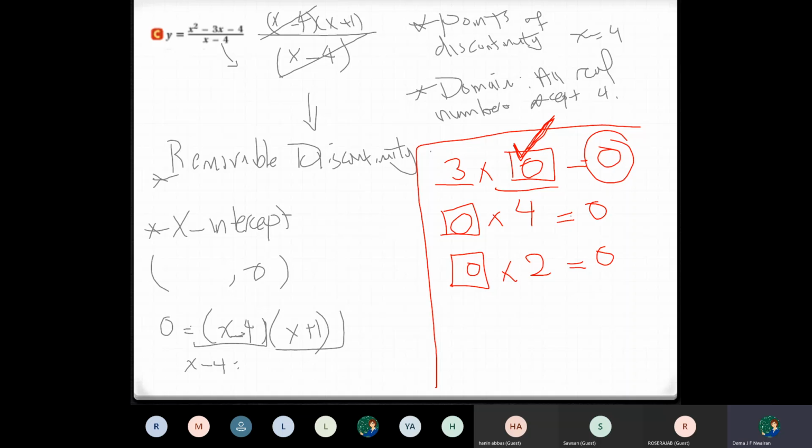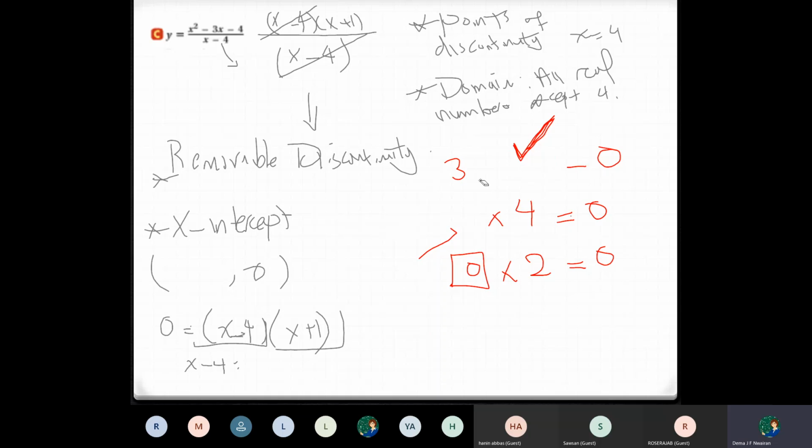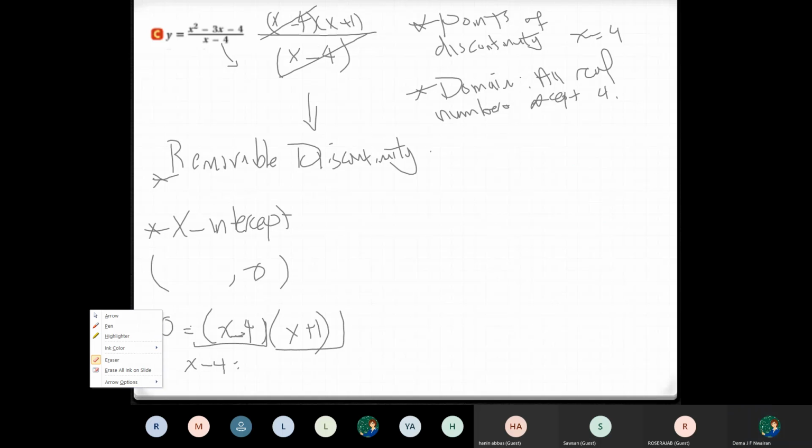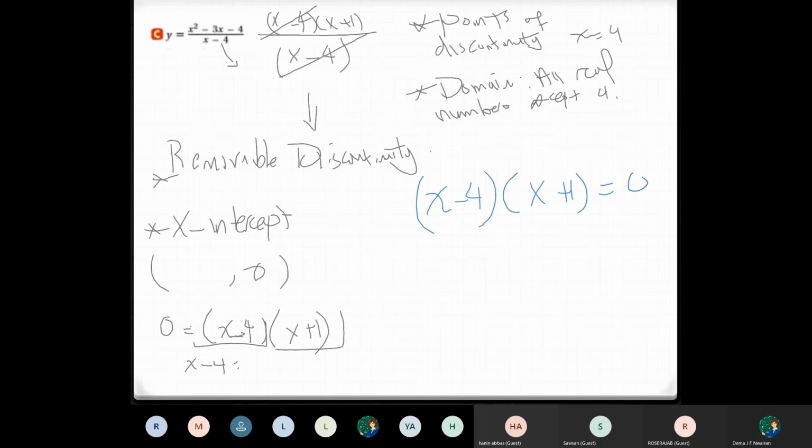So it could be the second one or the first one. The functions now, you have the same. If you multiplied two functions and the answer is 0, that means the first one could be 0, like 0 multiplied by x plus 1 equals 0, or the second one could be 0, so 0 multiplied by x minus 4 equals 0.